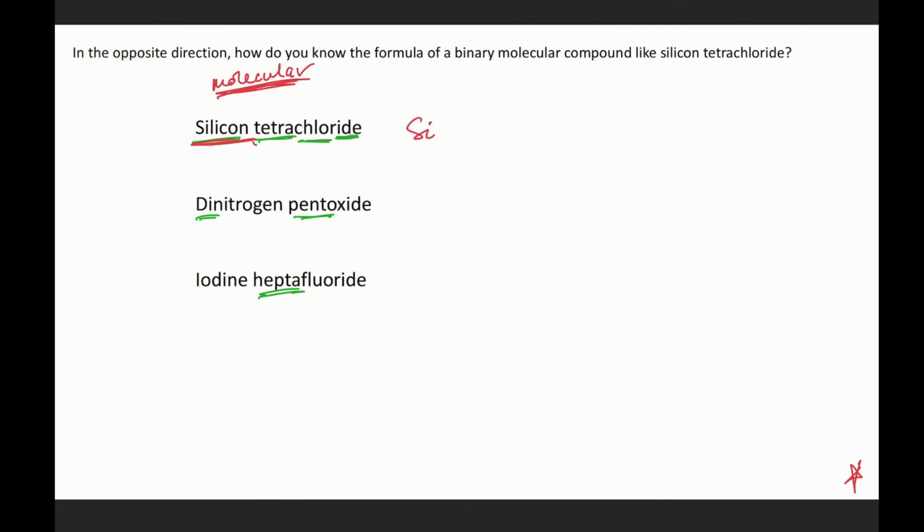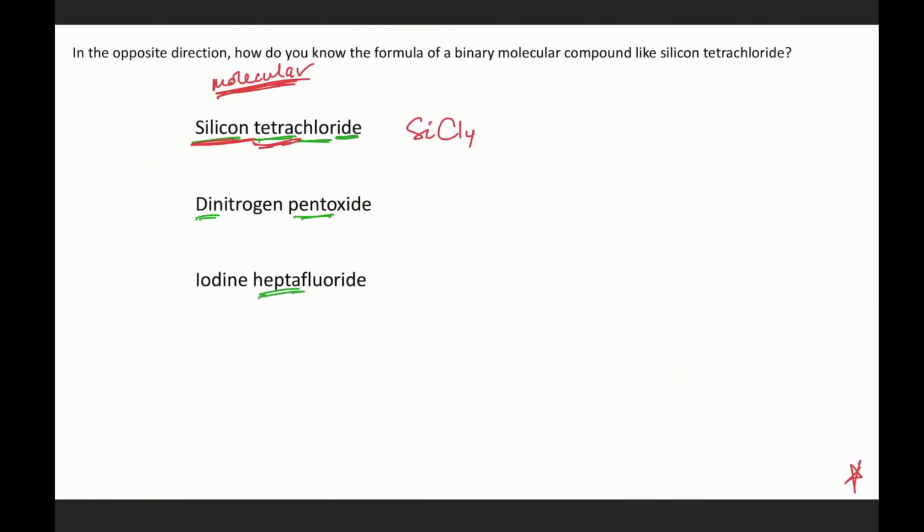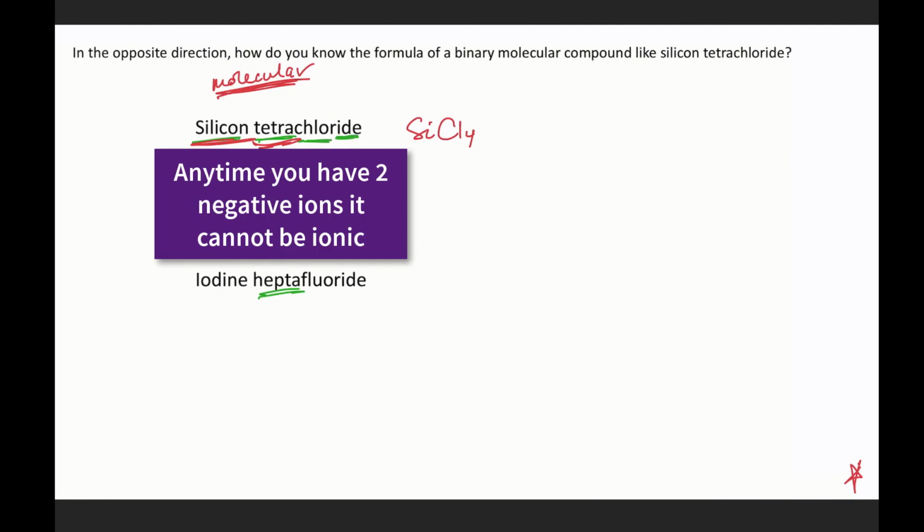This says there's 1 silicon and 4 chlorines. And if you try to balance the charges, you should find that this is a nonmetal, which means I don't even know what, because we said that these don't often form charges, because of having 4 valence electrons and being in the middle. And this one is a negative, so a negative and a nothing, that doesn't make sense. And then you'd be like, oh, because it's molecular.